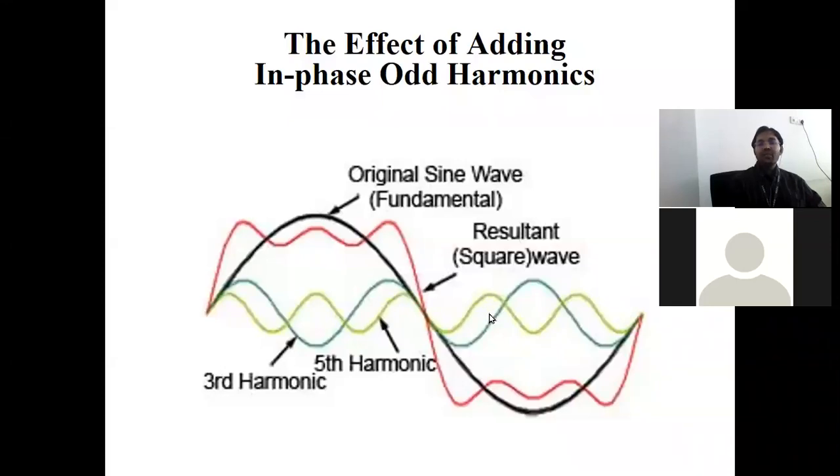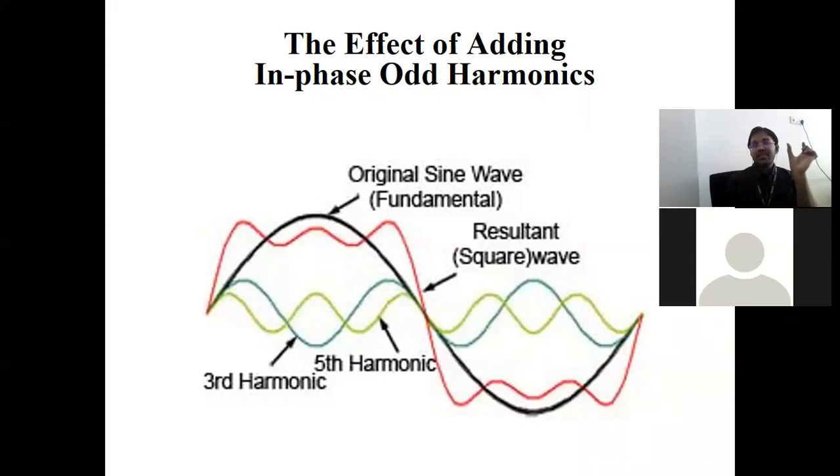So when you add up these three, the black sinusoidal signal corresponds to the fundamental frequency. As per the Fourier series, you represent a signal in terms of a combination of sinusoidal signals.